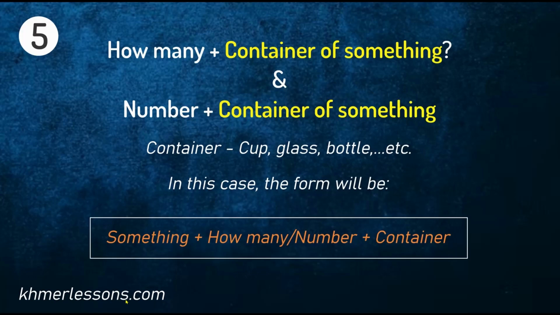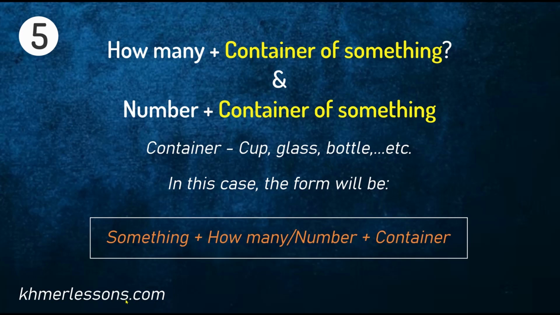Now go to point number 5. When you use how many before container of something, it's a bit different from the previous point. With container of something, or number plus container of something. Container, like you see below, refers to a cup, glass, barrel, anything that can load something inside.